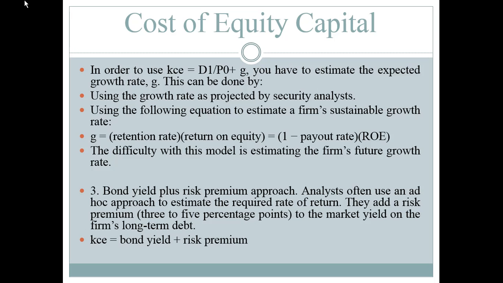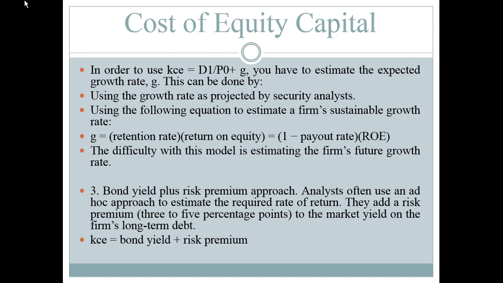So to estimate G, you can use the equation G equals retention rate multiplied by the return on equity. The retention rate is also equal to 1 minus the payout ratio. So alternatively, G equals 1 minus payout ratio multiplied by the return on equity.